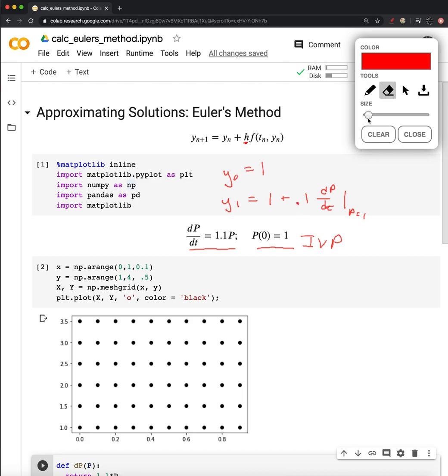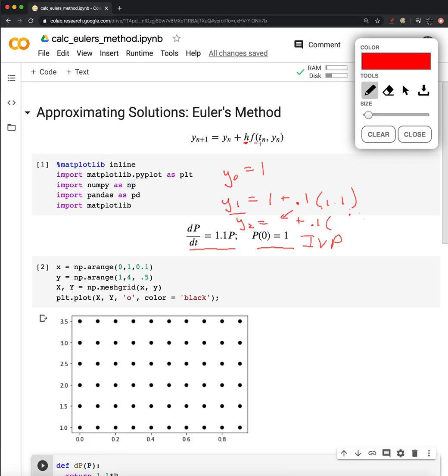So instead of this, we can just think about times 1.1. And then y2 would be whatever we get here plus 0.1 times whatever the value of the derivative is at y1.